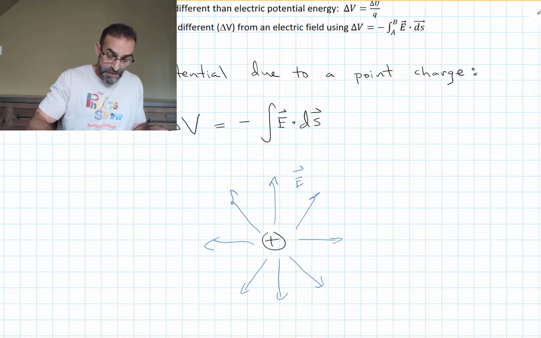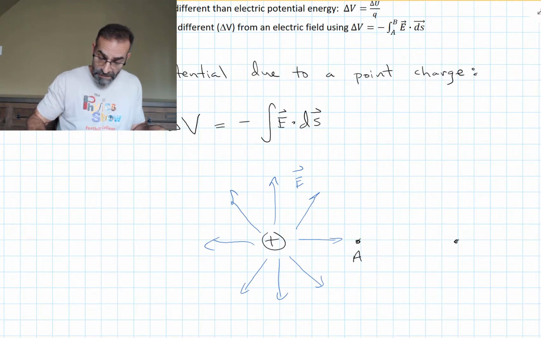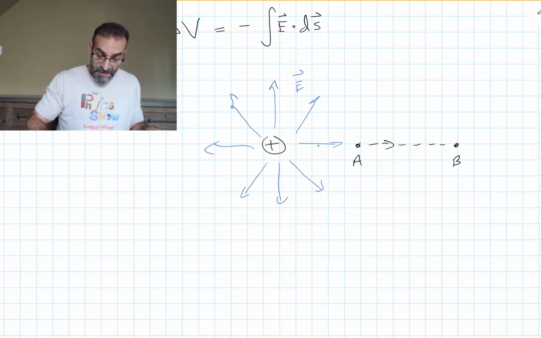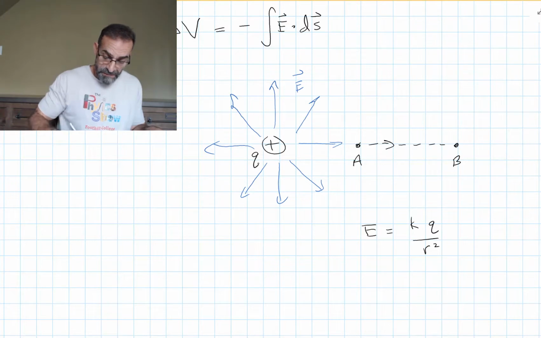And we want to move from point A to point B. We know what the electric field is due to a point charge: K Q over R squared. This is a charge Q.